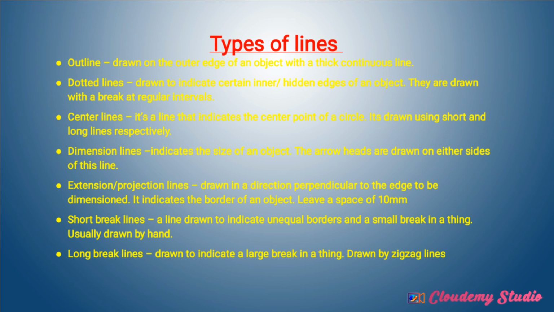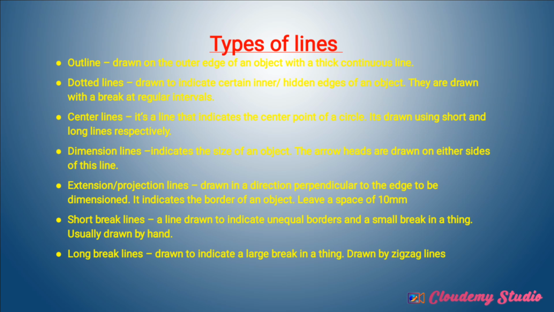Then you have the dotted lines. When we were doing the first angle and third angle projections, you saw me draw the dotted lines to display a hidden detail. You can be viewing it from a front face and discover that there is a hidden detail that cannot be seen on the hind face, so you'll have a dotted line to show that.